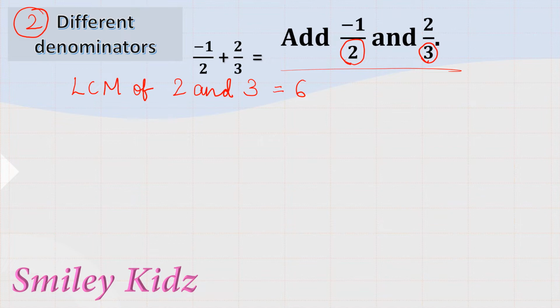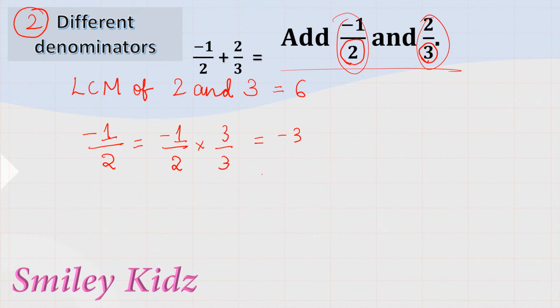Now let's make these two rational numbers equivalent. -1/2 is equal to -1/2 multiplied by 3/3, which is equal to -3/6. 2/3 is equal to 2/3 multiplied by 2/2, which is equal to 4/6.